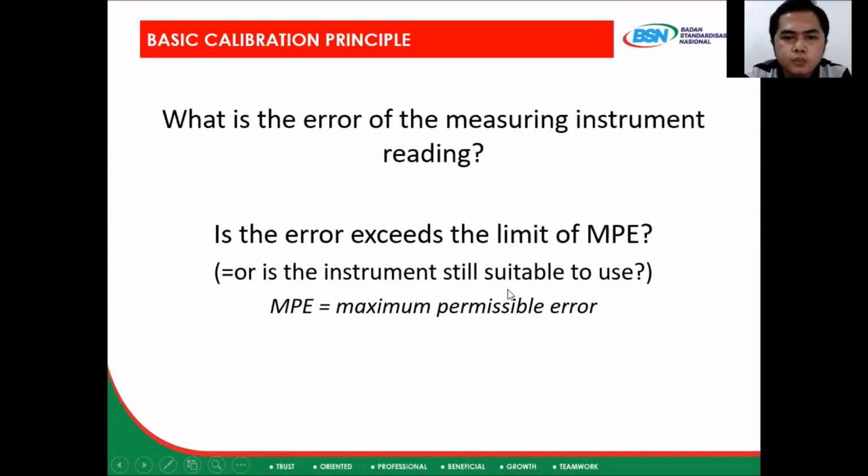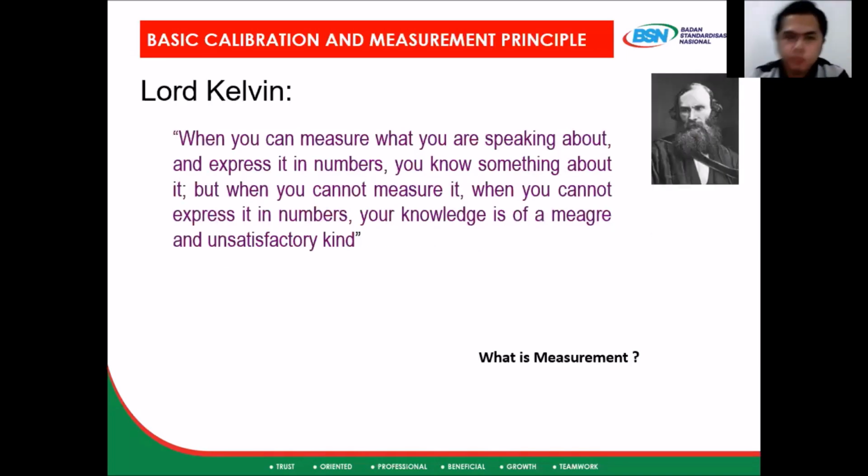This last sentence is usually for the testing. So in the testing report, they will state whether the instrument is still suitable to use or not, or pass or fail, something like that.